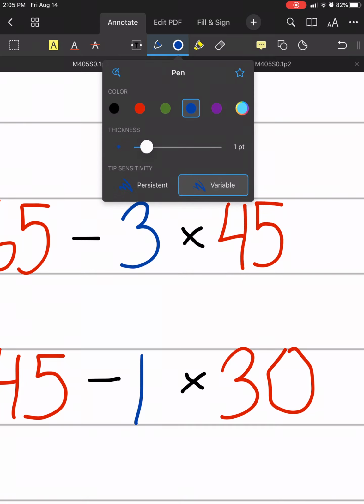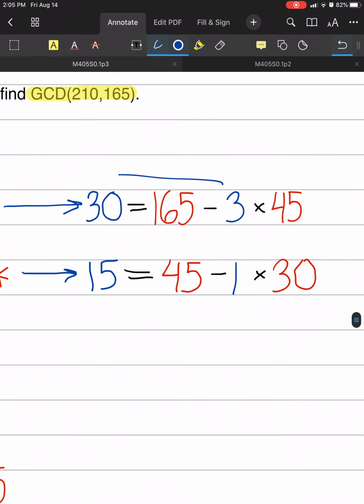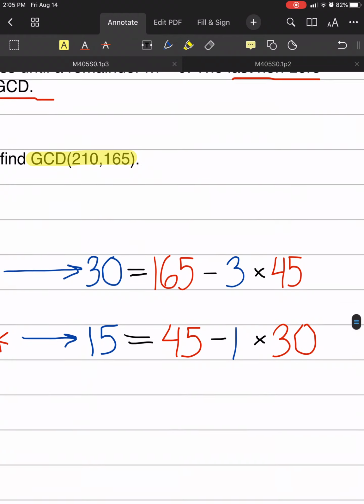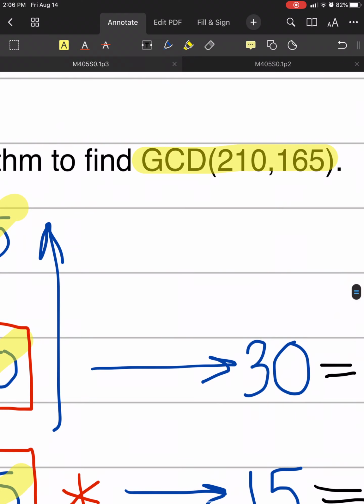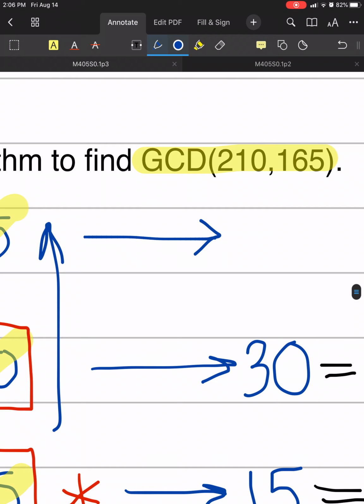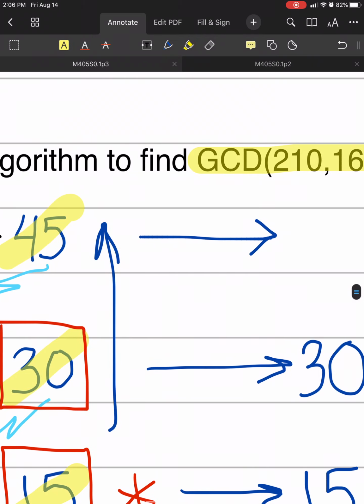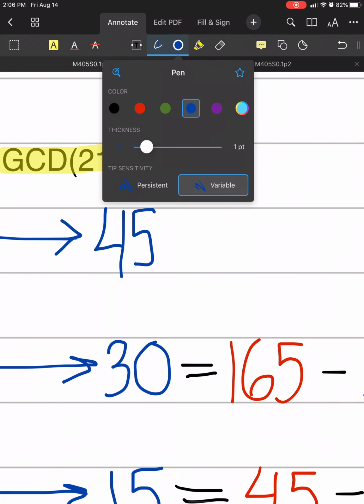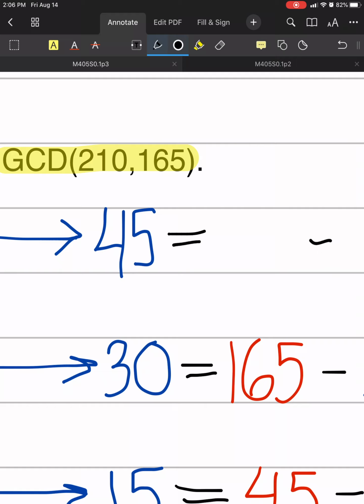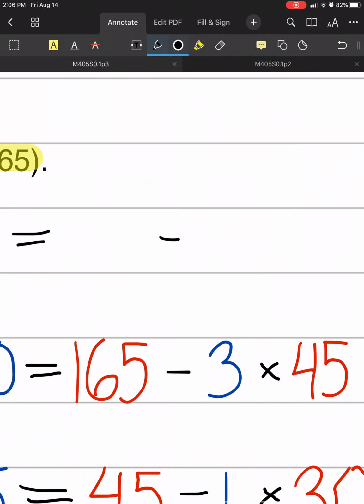Okay. Now, in fact, let me do all of these just so we have them. You don't have to do things in this order. There are lots of ways you can arrange this by steps. So this last one here was 45. So what I would have here is 45 equals some number minus some number times some other number.